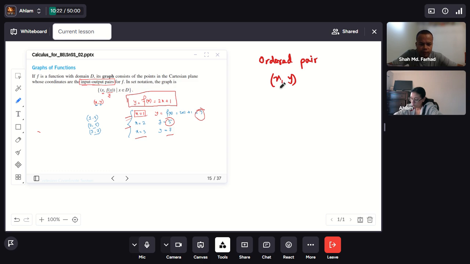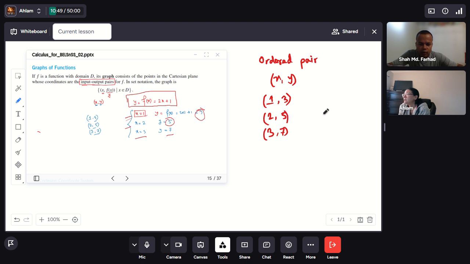That means we have to write first x, then the value of y. Then we have 1, 3. That means for x equals 1 we have y equals 3, and for 2 we have 5, and for 3 we have 7.